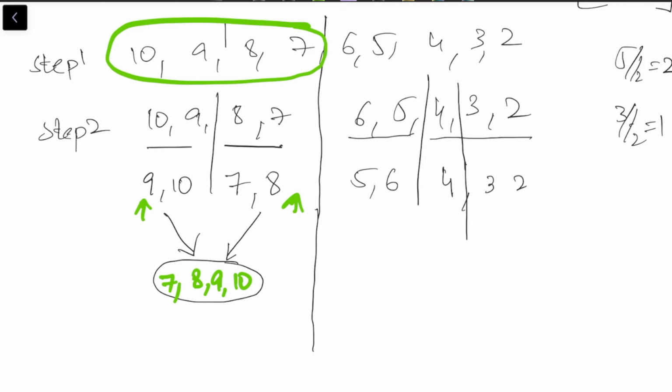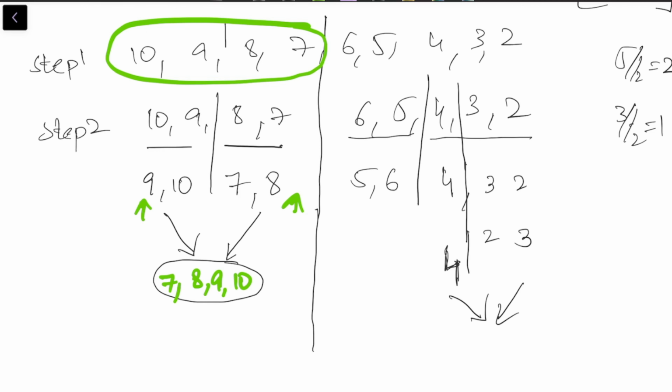It gets the number 4 here. If the array length is only 1, it sends the single number directly. If the array length is 2, it sorts them and then sends. It becomes 2, 3. Now we will merge them.